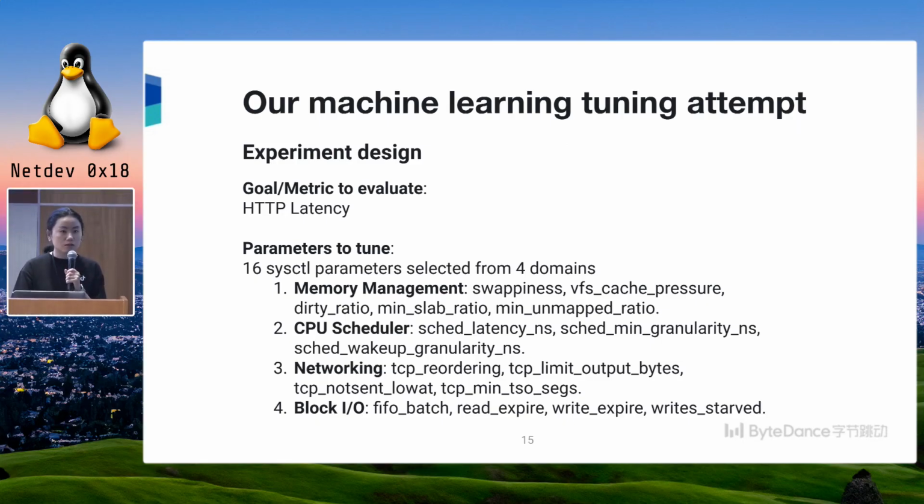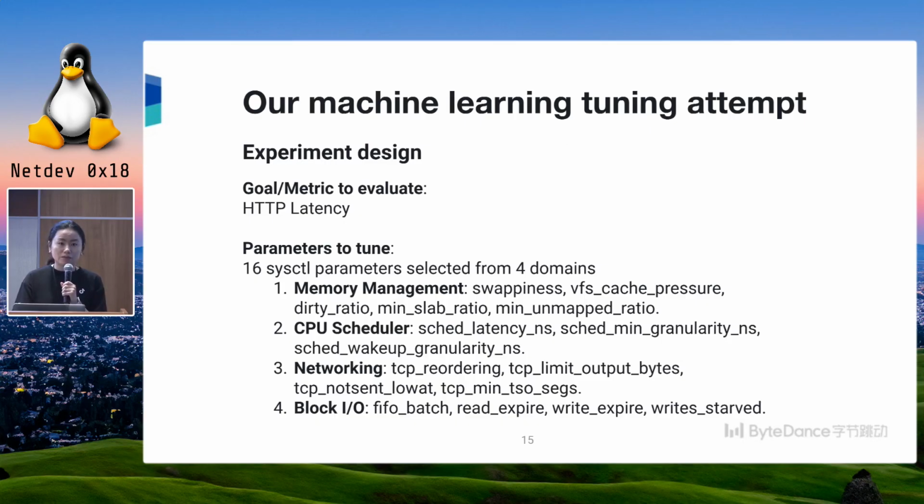Let's first start with the experiment design. Of course, we need to be very specific on what kind of goal we want to optimize for, and here it is the HTTP latency. Next, we want to know what types of parameters to tune. Ideally, we want the AI to take over everything, including selecting the best parameters out of all the 1,006 control parameters.